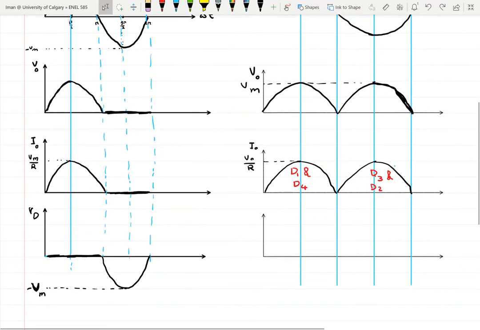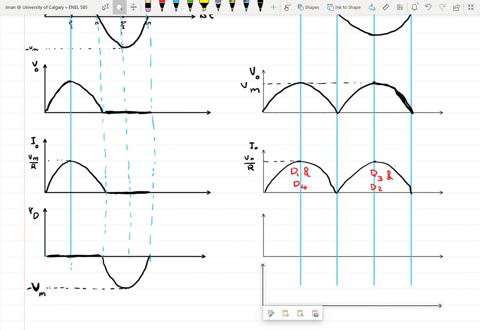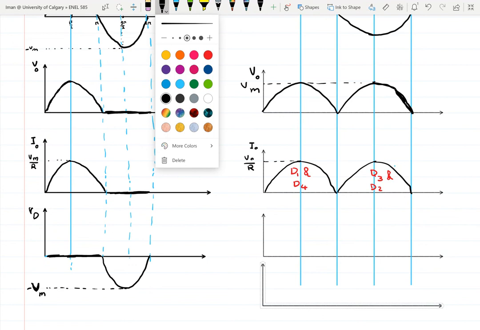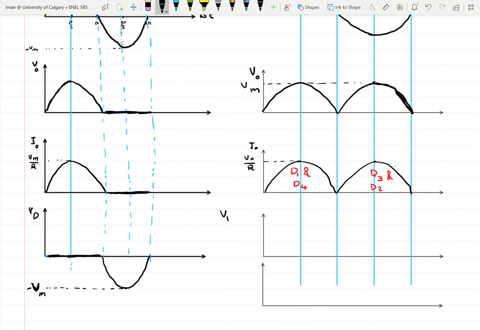Okay, now let's look at the... before we do that, let me just copy this and paste one more. Okay. So the voltage of diode 1 and V of diode 4.